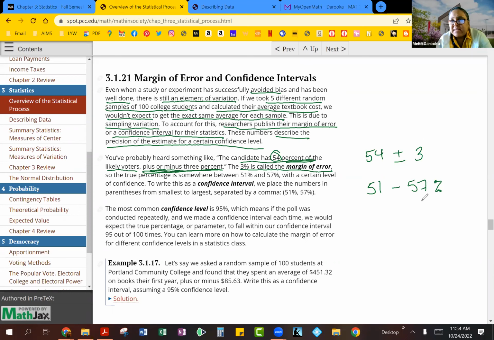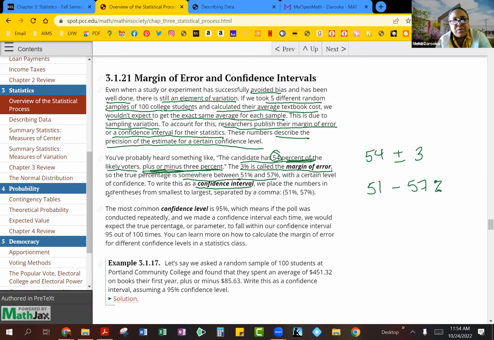When you add and subtract that number from 54, this becomes your confidence interval. So we can say with a certain level of confidence that this candidate has the support of anywhere from 51 to 57% of the likely voters. That's your confidence interval.